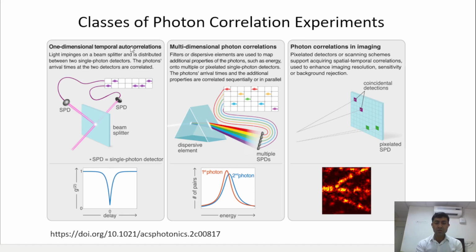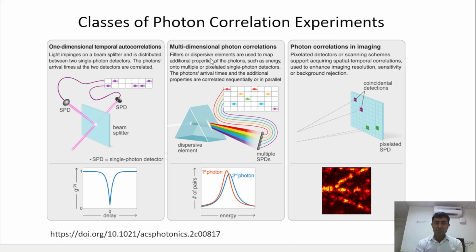Now here are a few types of photon correlation experiments. In one-dimensional correlations, a beam splitter distributes the incident beam between two single photon detectors. Then arrival times at these detectors are correlated.